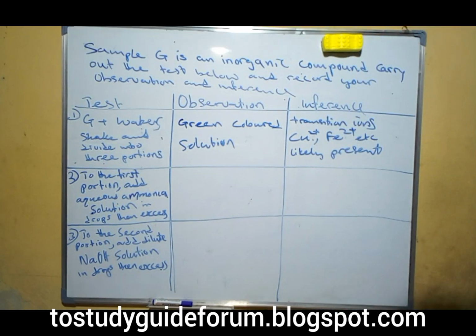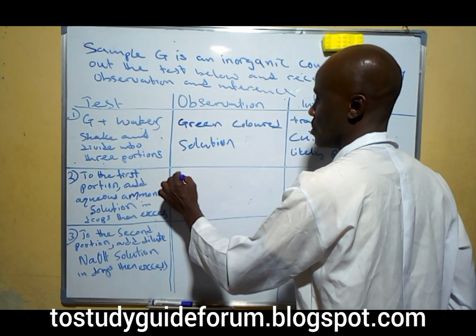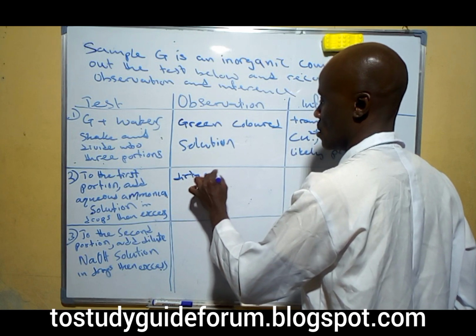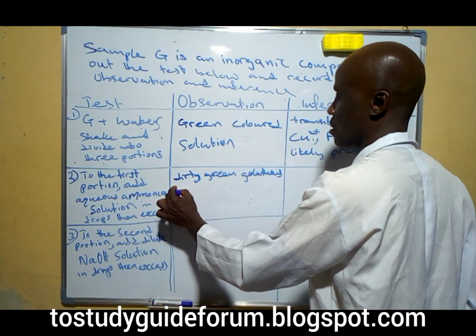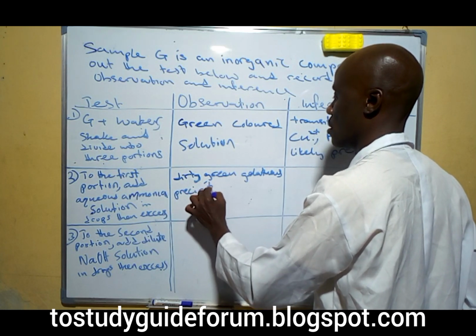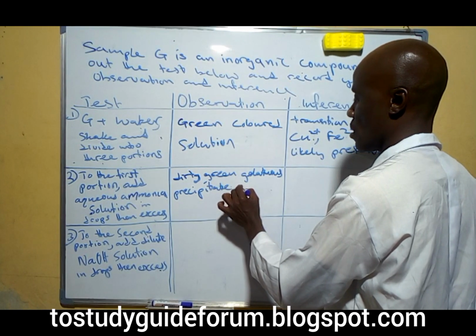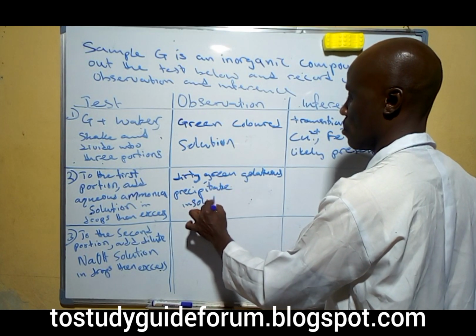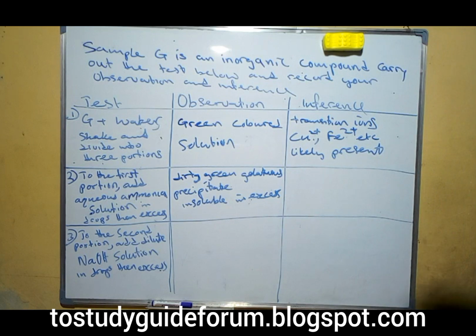Now, in the first portion, it said to add aqueous ammonia solution in drops, then in excess. What we observe when we add aqueous ammonia in drops is a dirty green gelatinous precipitate, insoluble in excess.